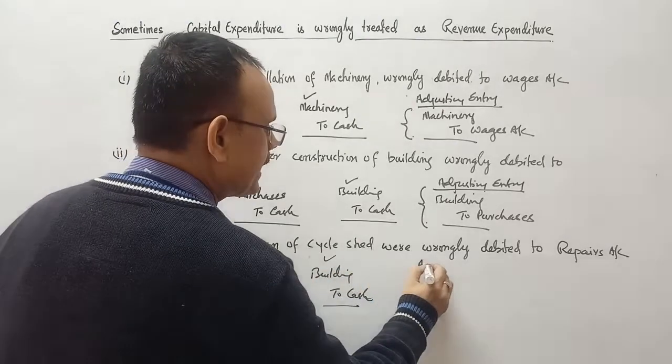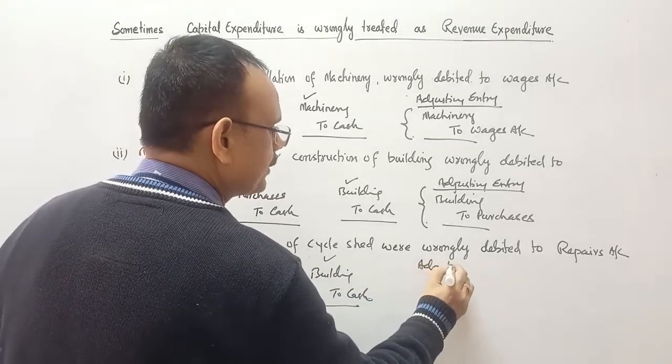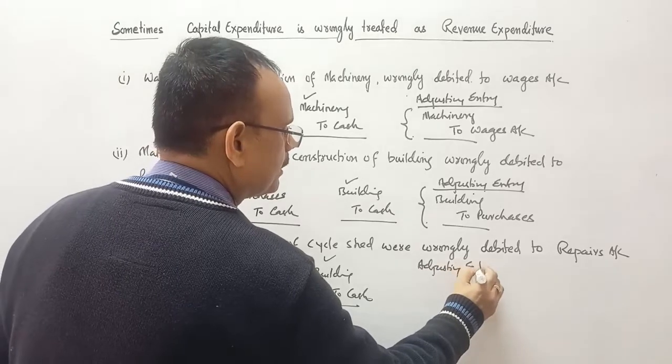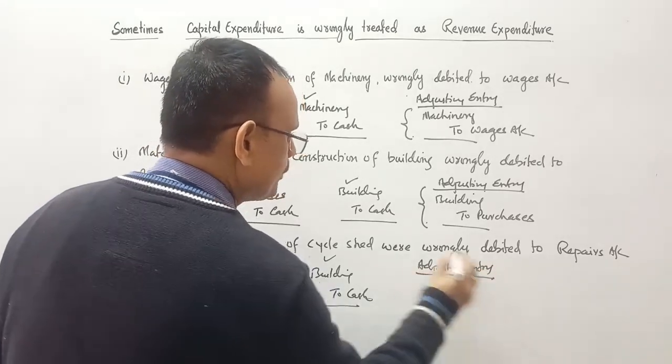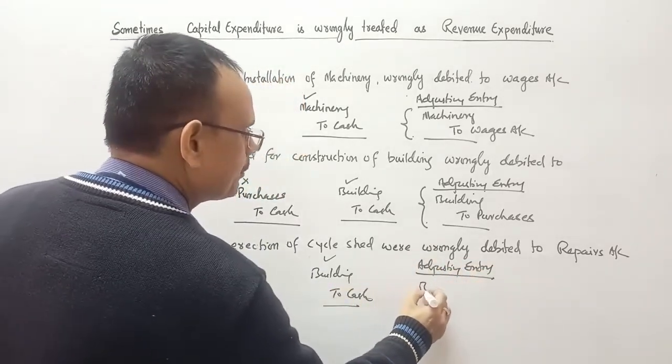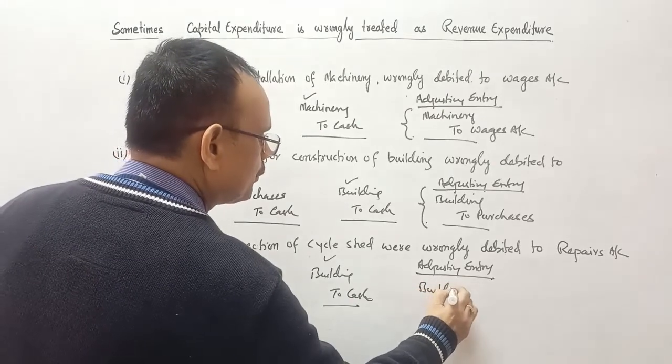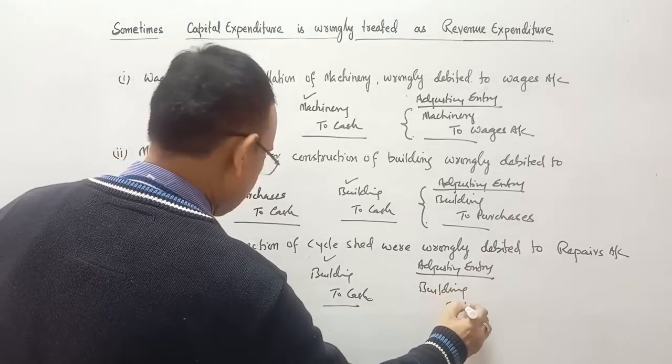So the adjusting entry will be: building will be at the right place, building account will be debited, and repairs will be cancelled.